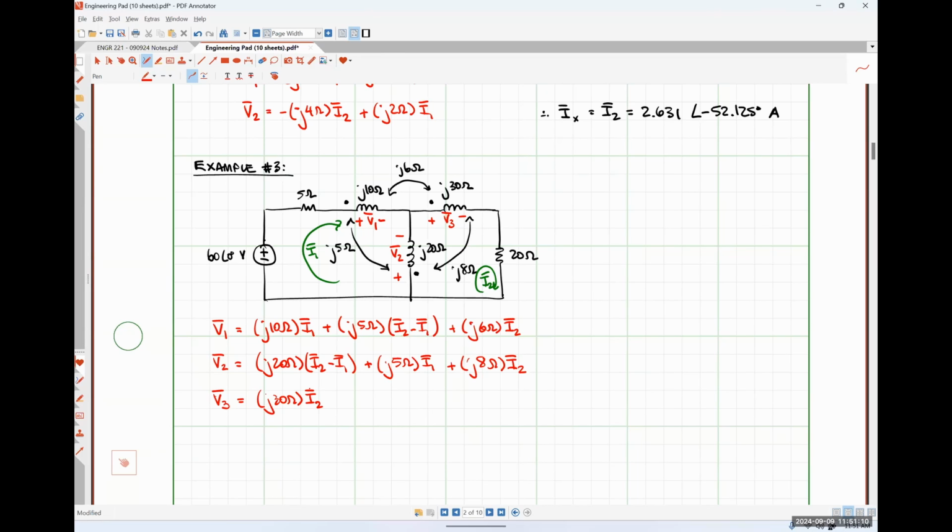J6 times I1 positive. And then lastly, our coupling between the J30 and the J20 ohm coil. Positive J8 times I2 minus I1. I agree.